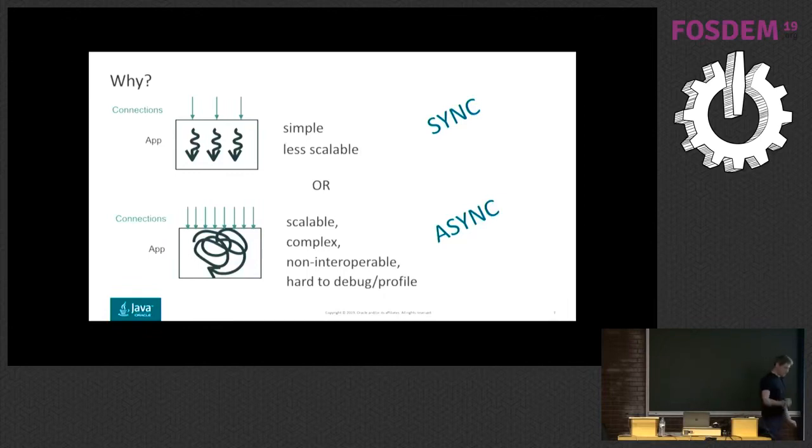More importantly, it's harder to debug. You lose context. If you get an exception, you don't see exactly the context of the computation you are in. It's very hard to profile for the same reason, and one of the biggest issues is that it's virtually non-interoperable with legacy code or other code. So you must choose either synchronous or asynchronous, and it's very hard to mix the two.